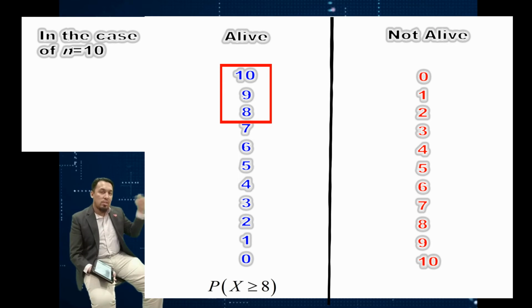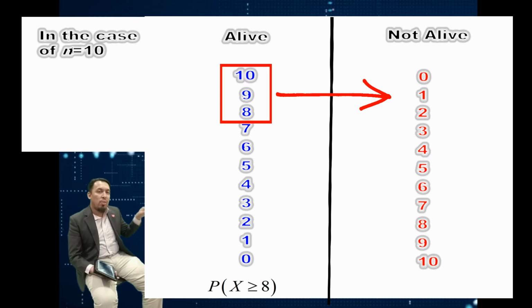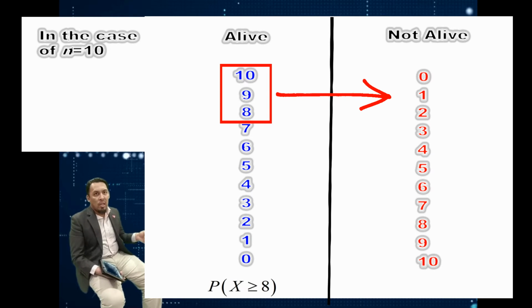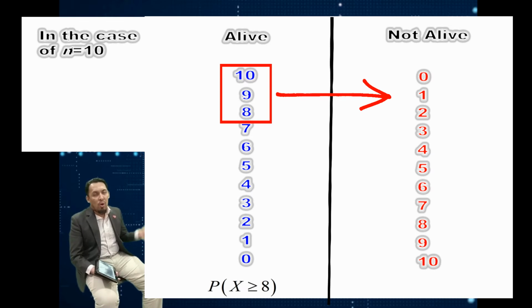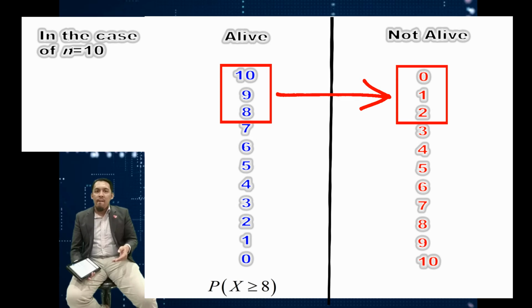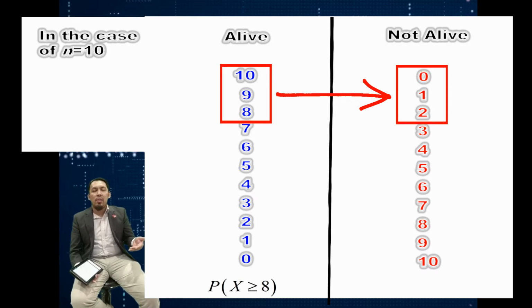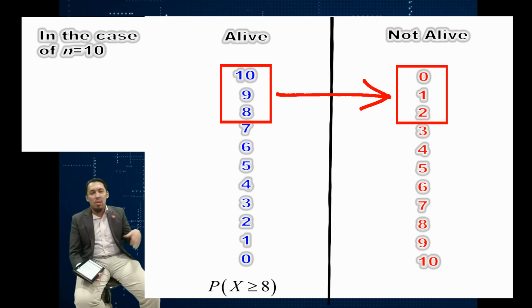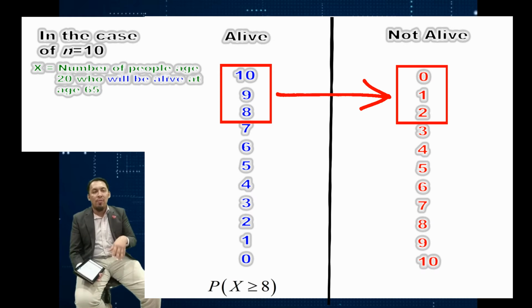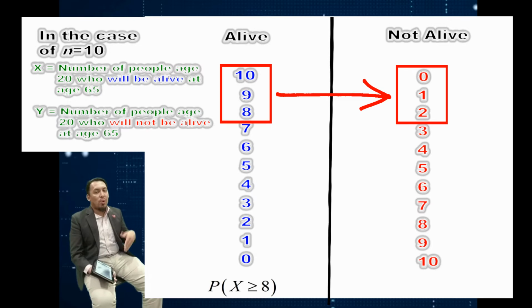In this situation, let's go the other way around. Those who are not alive, what will be the probability that 2 not alive, 1 not alive, 0 not alive? Now we redefine the random variable. First x is for those who are alive, so we change it to y, those who are not alive.